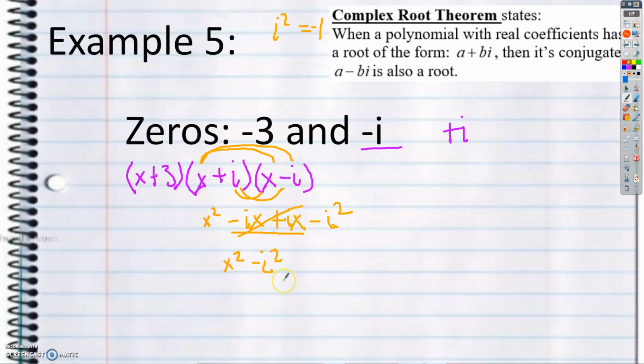So that's x squared minus, and then i squared is negative 1, so that's negative 1. The negative and negative makes a positive, so that's x squared plus 1. So now I'm going to multiply that times this x plus 3.